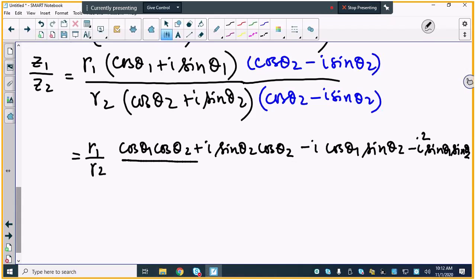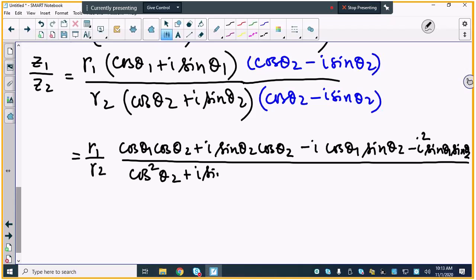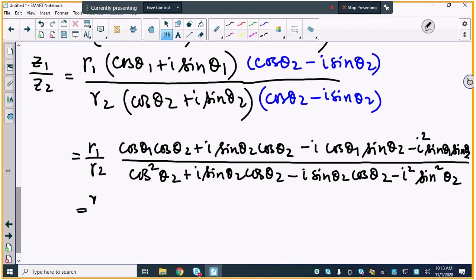Whereas at the bottom, we're going to have cosine square theta 2 plus I sine theta 2 cosine theta 2 minus I sine theta 2 cosine theta 2 minus I square sine square theta 2. Use the value of I square equal to negative 1 now on both top and bottom. So you will get R1 over R2 cosine theta 1 cosine theta 2.